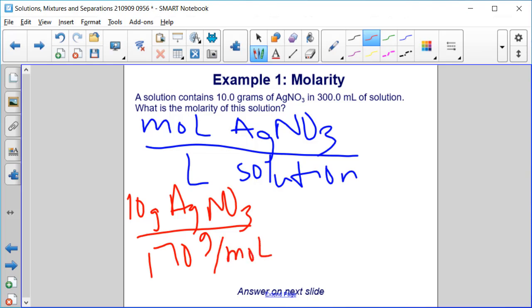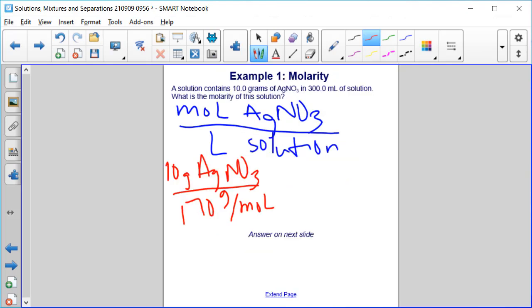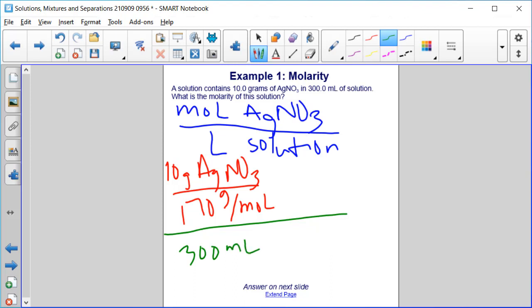So that'll give us the moles of silver nitrate. And then we need to divide that by liters of solution. So 300 milliliters divided by 1,000 milliliters per liter will give us our liters.